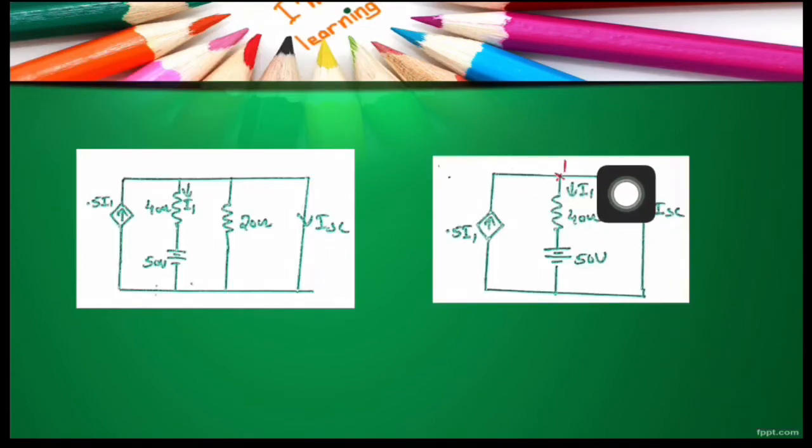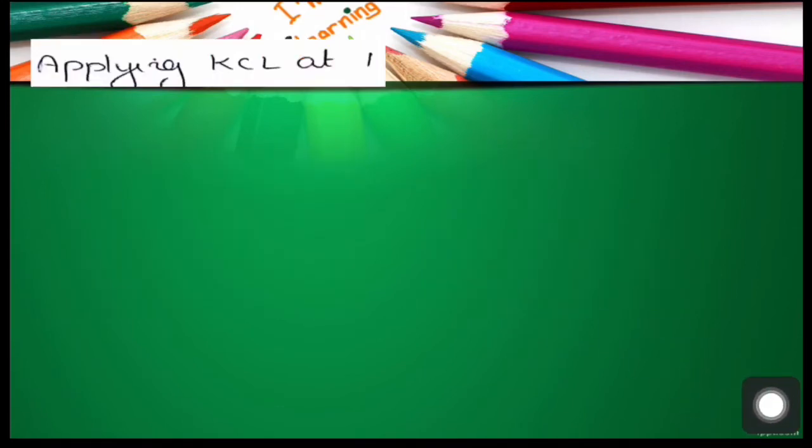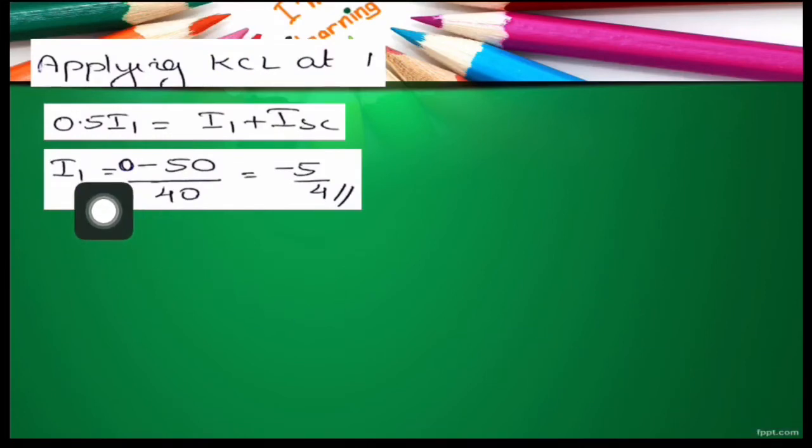I1 is defined as current through 40 ohm in downward direction. One end of this 40 ohm is at reference node, that is at 0 potential, and other end is at 50 volt potential. Correspondingly, the current through this 40 ohm in downward direction can be written as (0 minus 50) by 40. So we get I1 is equal to (0 minus 50) by 40, that is equal to minus 5 by 4.